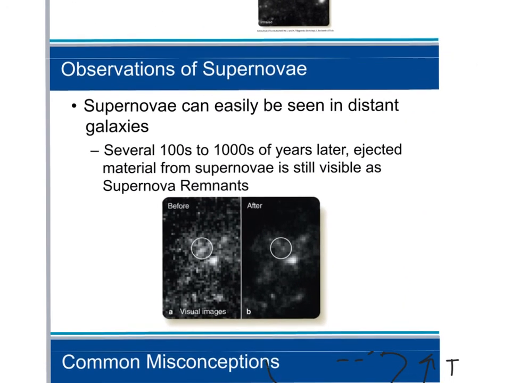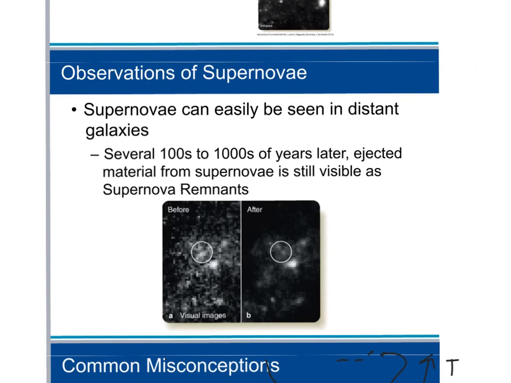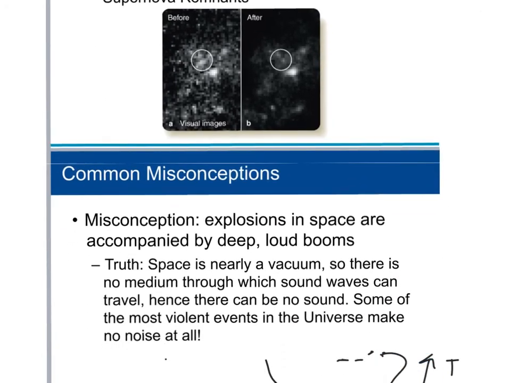Supernovae can be easily seen in distant galaxies. When astronomers look at distant galaxies, they can see the supernova pattern. It's a lot of gas out there, and hundreds to thousands of years later, the ejected material from a supernova is still visible as remnants, visible to people on Earth.